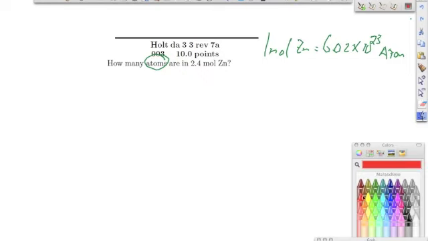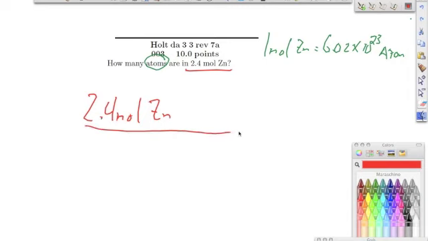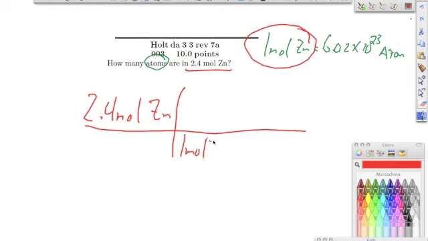Now remember, we always start with the number of the problem, so we're going to start with 2.4 moles, and we know that we're starting with moles, so essentially we're going to end up multiplying. And since moles is on the top, we put moles on the bottom from our conversion factor, 1 mole of zinc, and it equals the other half on the top, 6.022 times 10 to the 23rd atoms of zinc.